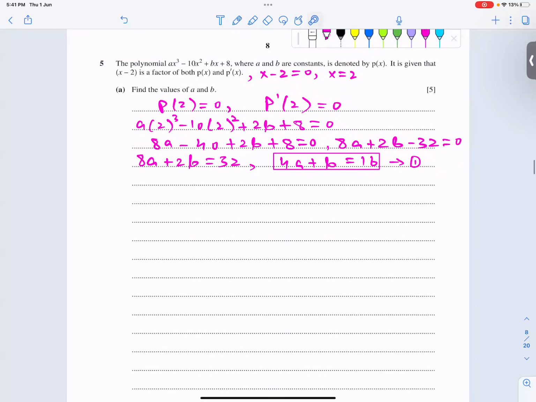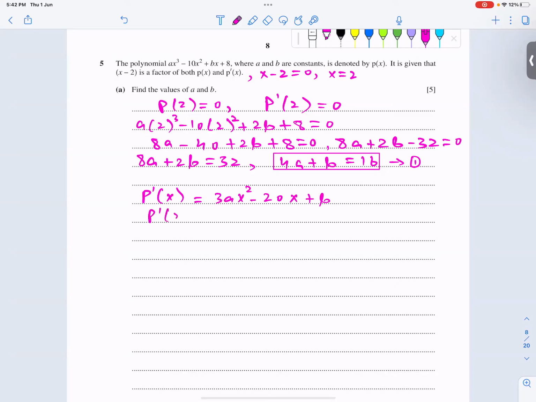Now we will use the prime notation. For that, we need the derivative of p of x. P prime of x means the derivative of p of x, and the derivative of ax cube will be 3ax square. The derivative of minus 10x square will be minus 20x, and the derivative of bx will be just b. Okay, and the derivative of 8 is 0.